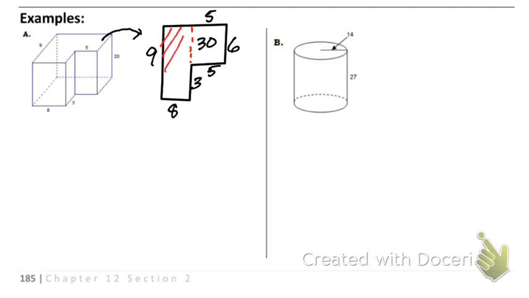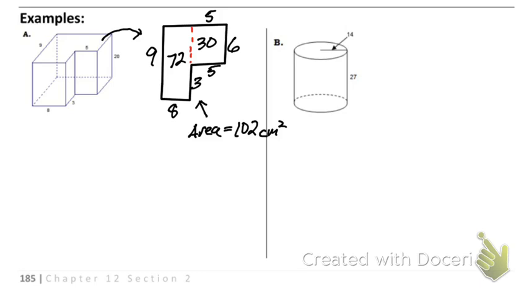Now, the other rectangle right here would be 9 times 8. Well, 9 times 8 would give me 72. So our total area of our base, or our top, or whatever we want to call it, is going to equal 102 centimeters squared. So that's the area of our base.